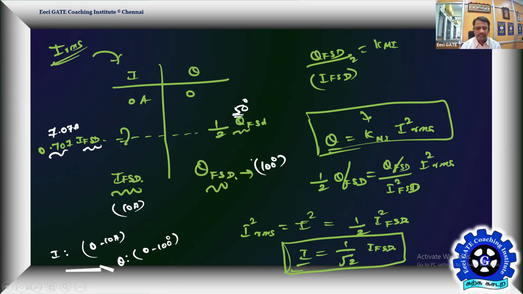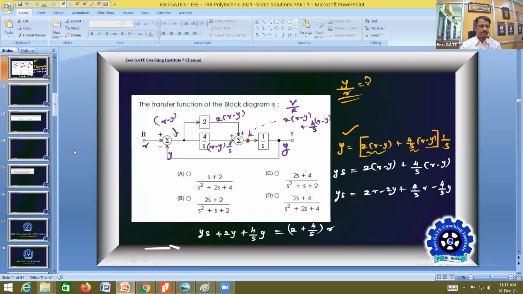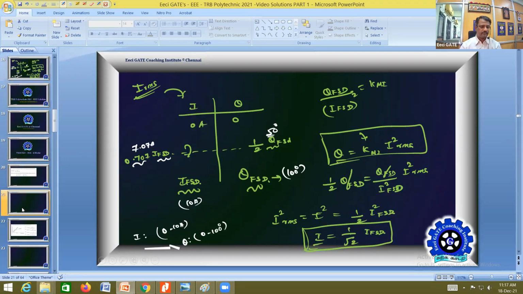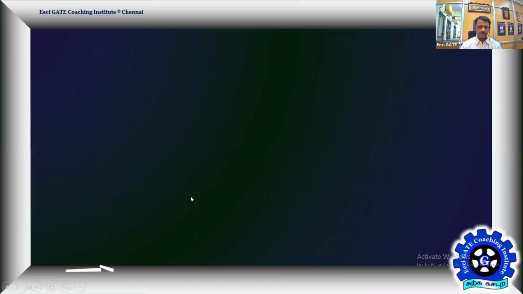So what's your calibration then for the instrument? The instrument will have the calibration like this. Let this be your full scale.